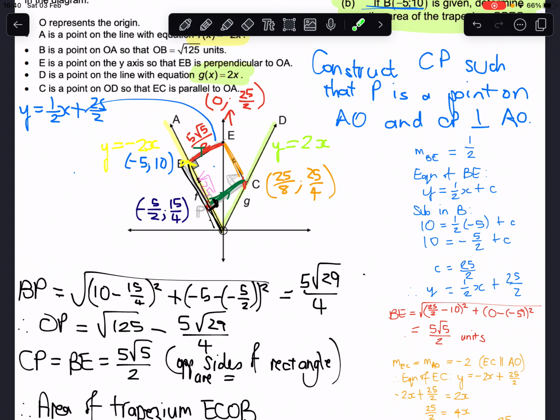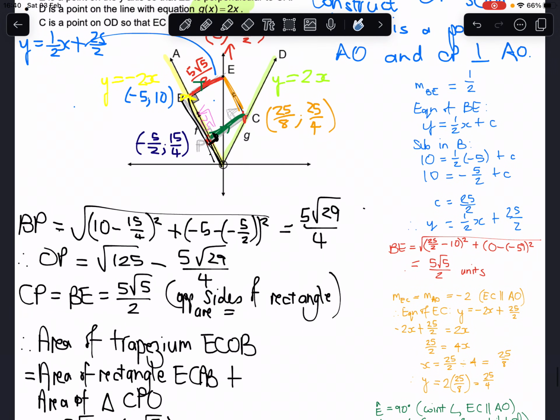If you square that, that's 25 over 4, plus 25. So that's 125 over 4, so that's going to be root 125 over 2. Okay, so I still agree with that, in a nutshell. So then we filled that in on the diagram as well.